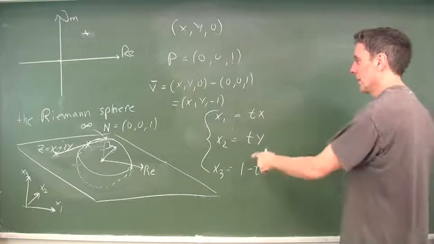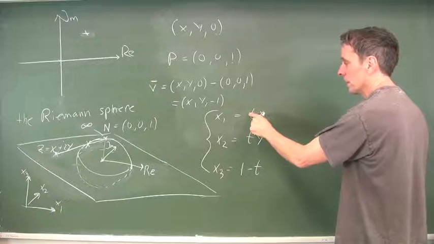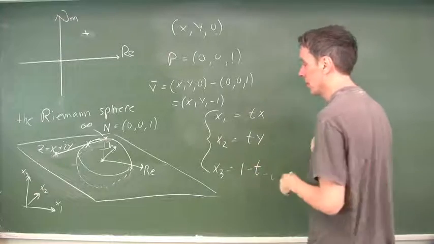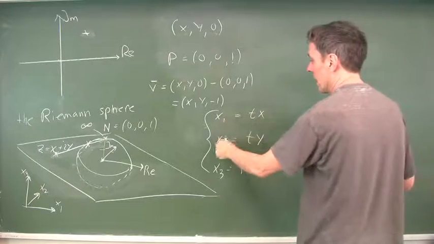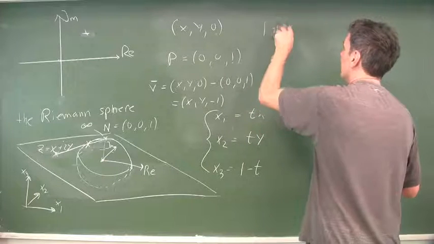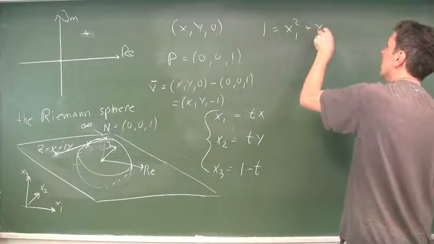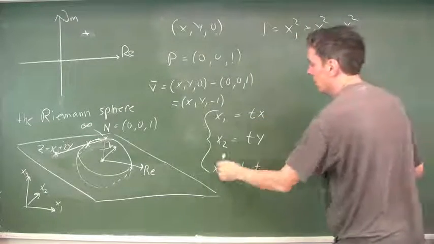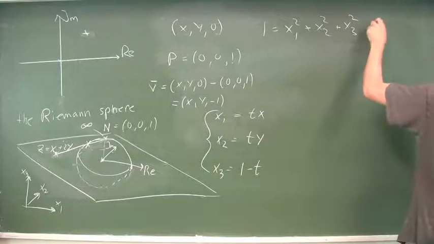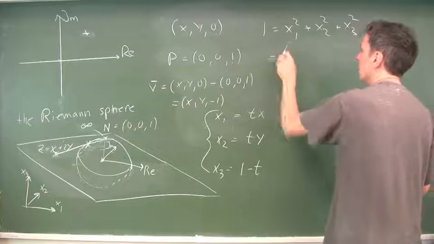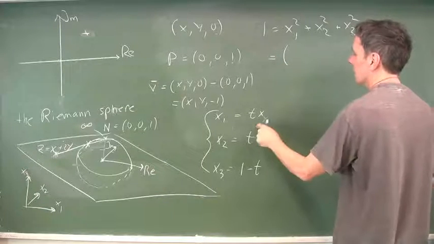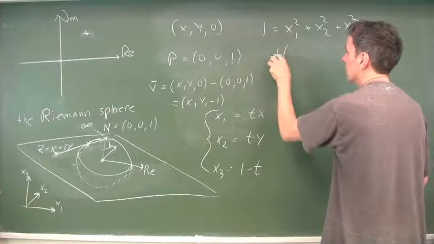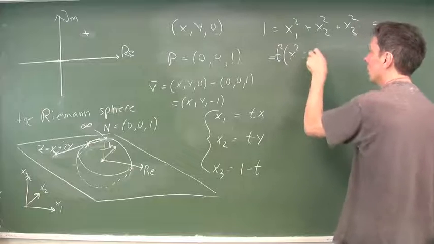One has to determine t so that this will actually be a point on the sphere, which is done by considering the equality that the sum of the squares of these numbers should be equal to 1. If we do that, we get this squared plus this squared, which can be written as t squared times x squared plus y squared.